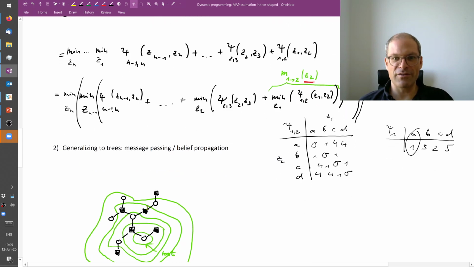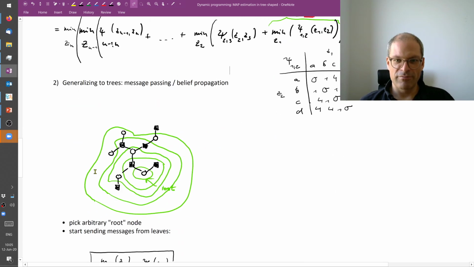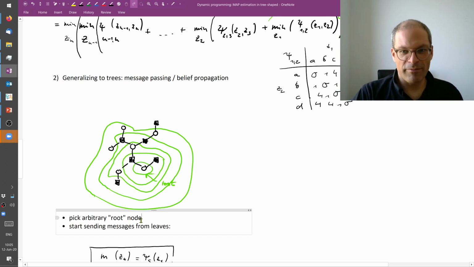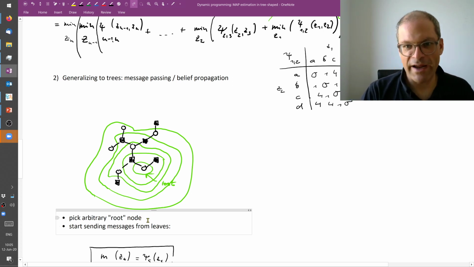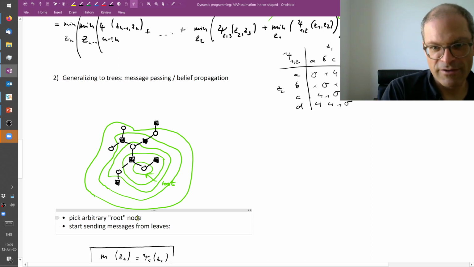And this is done in a technique called message passing or belief propagation. So you start by drawing your vector graph. You pick an arbitrary root node.